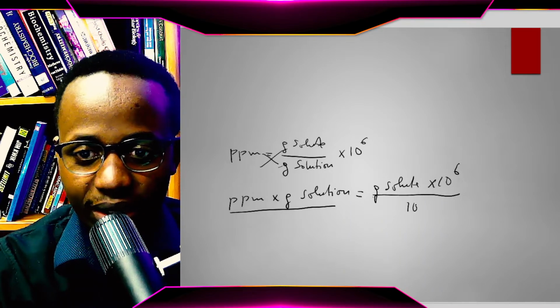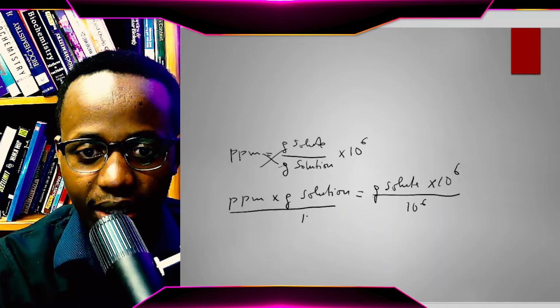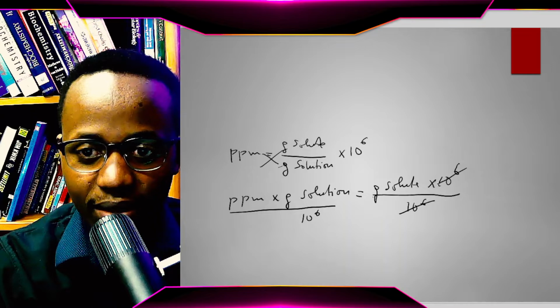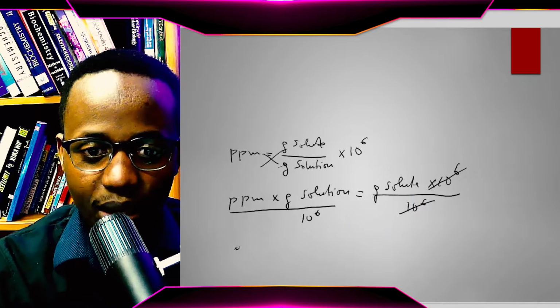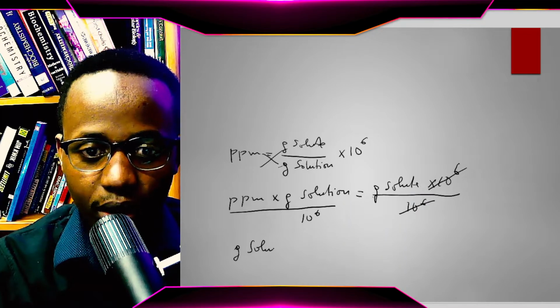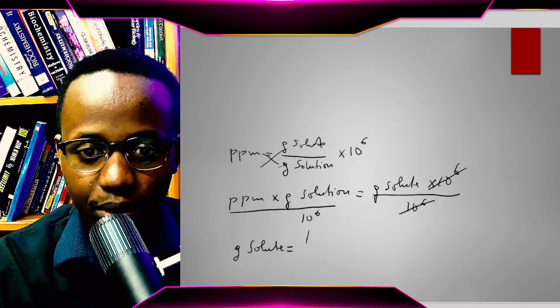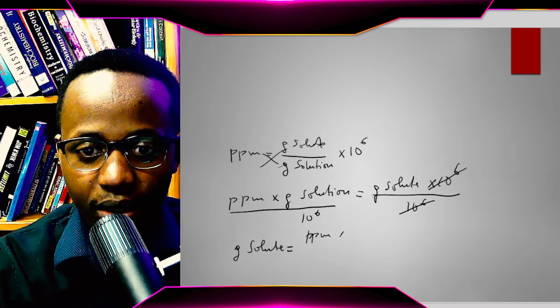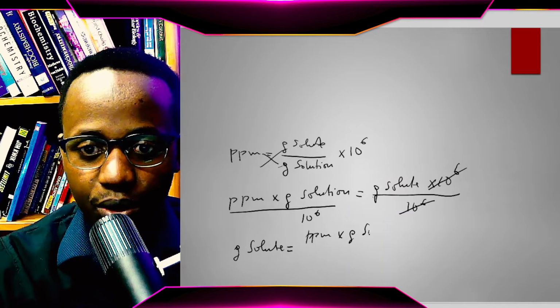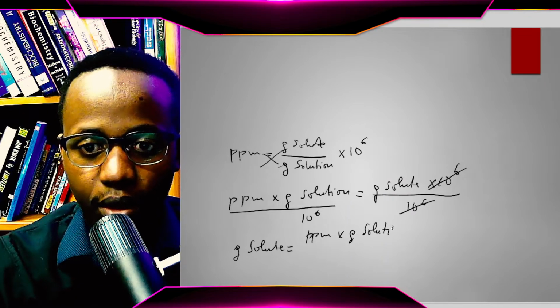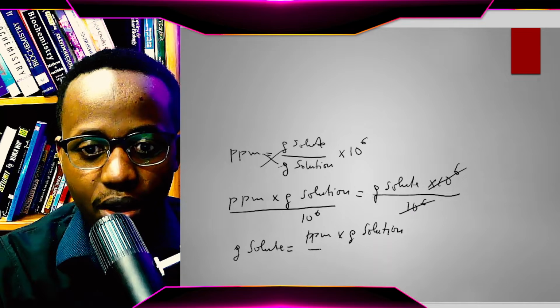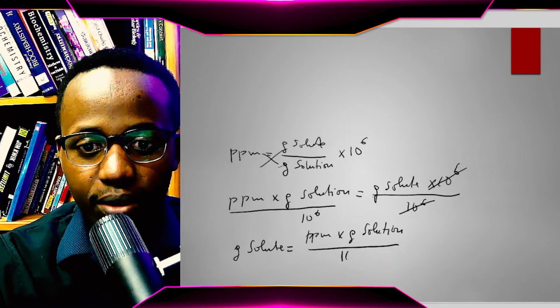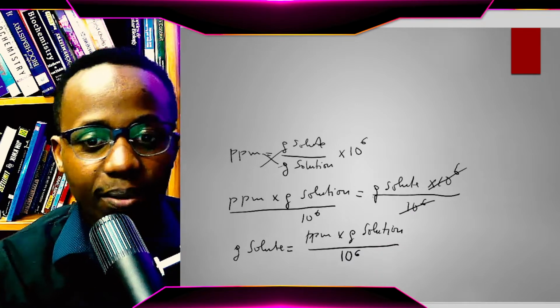In this case, it is 10 to the 6. And what happens is this cancels out like this, and then the grams of solute are equal to ppm times the grams of solution over 10 to the 6, right?